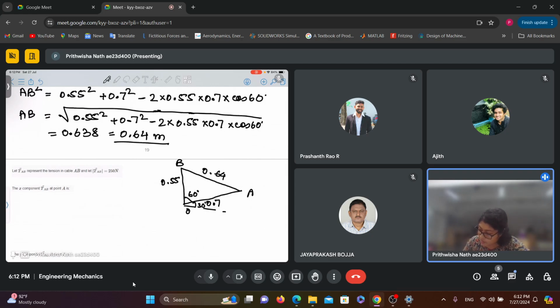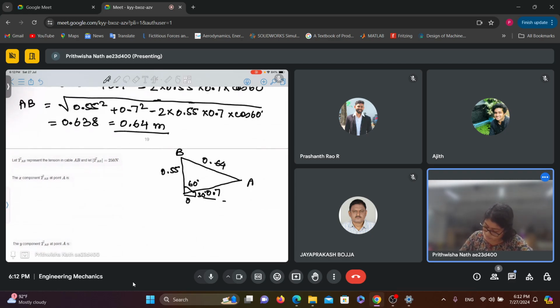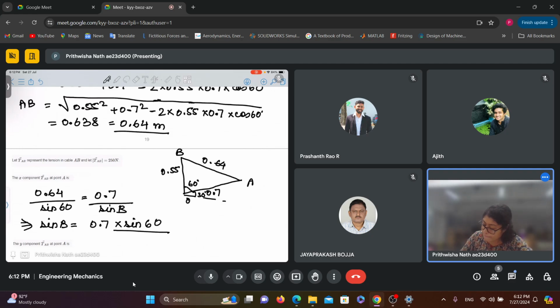Now by using the sine rule we can write 0.64 by sine 60 equals 0.7 by sine of B. So beta equals 0.7 into sine 60 divided by 0.64.